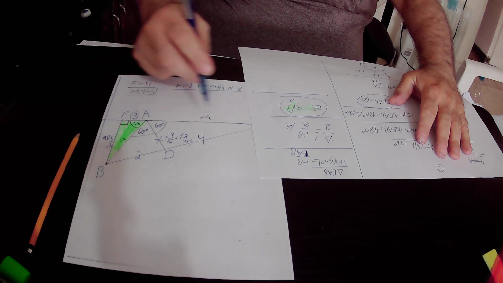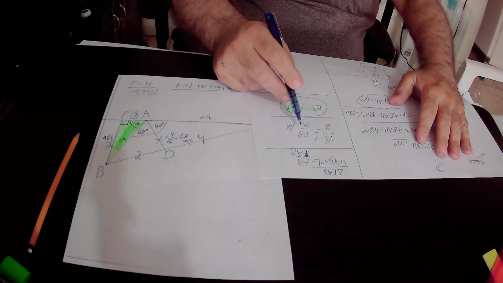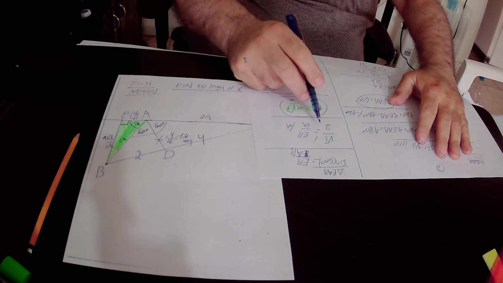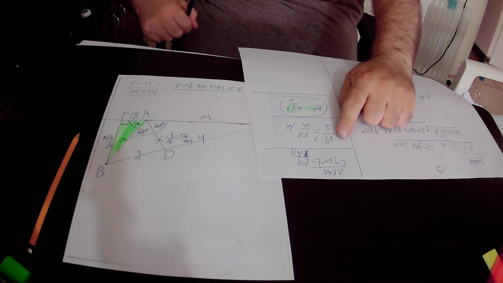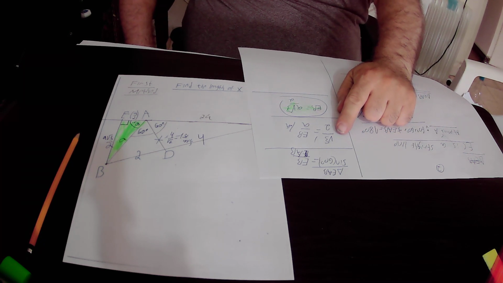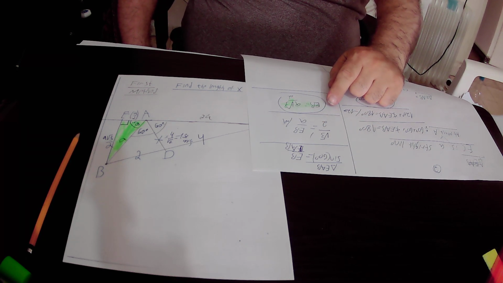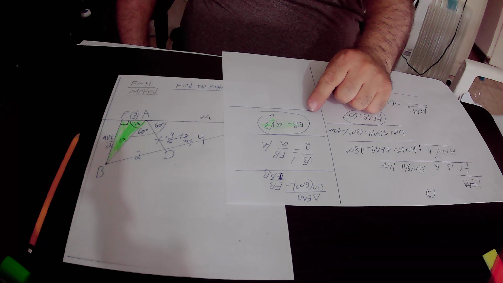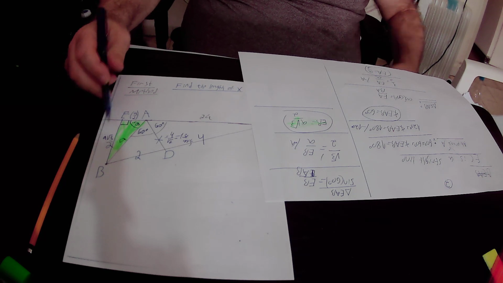AB is a, so we substitute AB by a. In conclusion, sine 60 degrees equals EB over a, and sine 60 degrees is square root of 3 over 2. So we substituted sine 60 degrees by square root of 3 over 2, and got that square root of 3 over 2 equals EB over a. We multiplied this equation by a, and found out that EB equals square root of 3 over 2 times a.